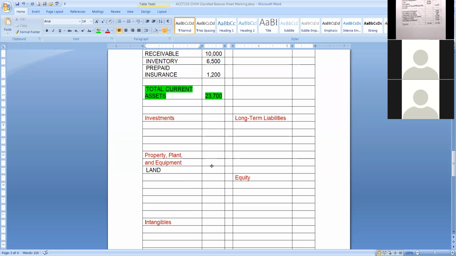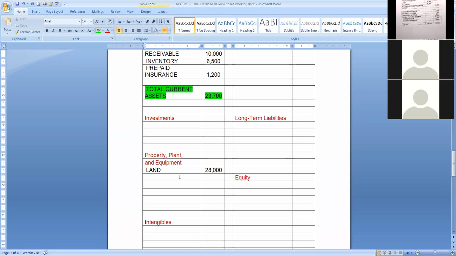So the land will be in there, $28,000. What else? What goes with land?